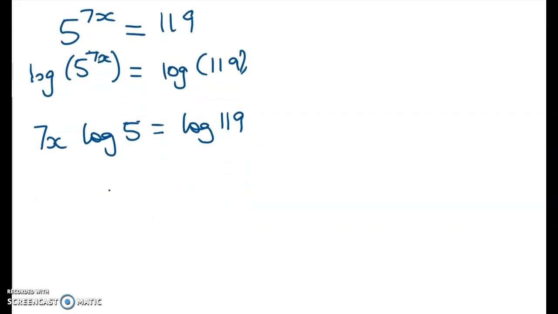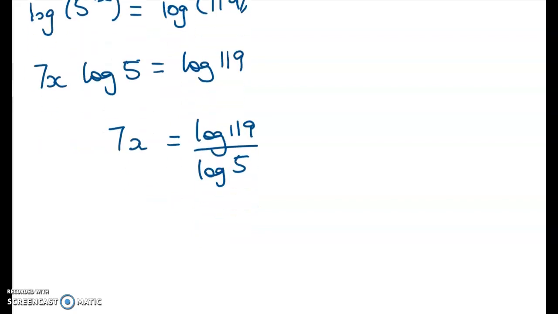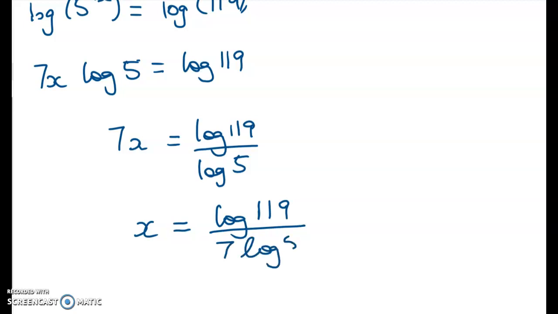Rearranging gives me this. 7x is equal to the log of 119 divided by the log of 5. So my last step will be that x is equal to this. Now I think this might have been a merit question, I can't remember. So that's my final answer, and I'm going to get that as a decimal, and I get 0.4242 to 4 dp.